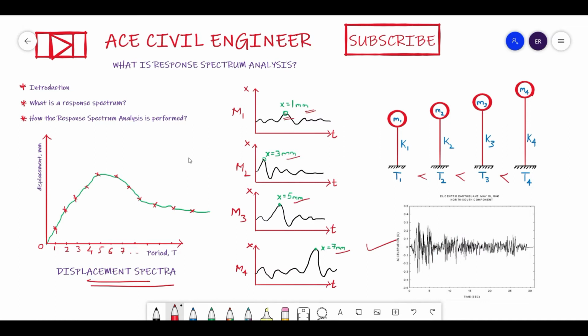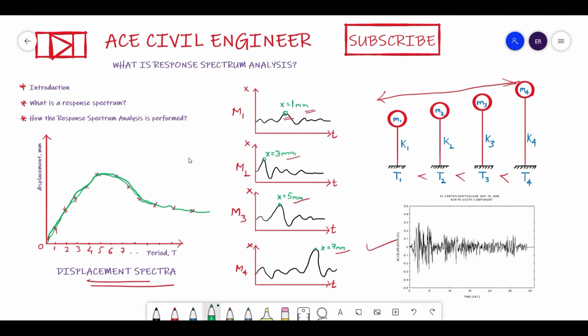And one more important point I wanted to tell you is, for the time being I have considered only 4 oscillators, but in general when you are generating a displacement spectra, you must be considering some n number of, means a huge number of oscillators, such that each point in this graph, this green curve, represents the maximum peak displacement of a particular oscillator at that particular time period.